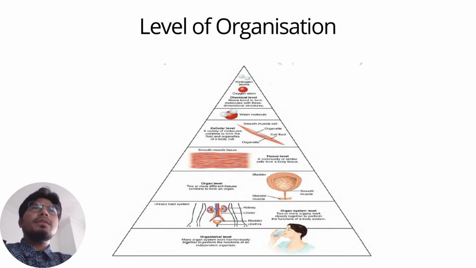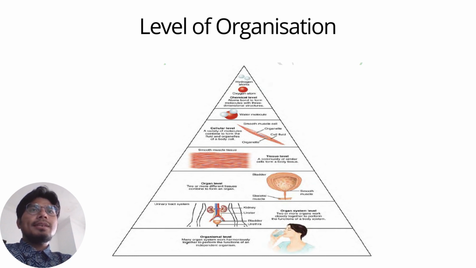Let's look at the level of organization. Basically, human systems are developed from cells. So cells are made of DNA or nucleus that contain atoms that form a cell. A group of similar cells will form a body tissue, and then two or more different tissues work together to form an organ.